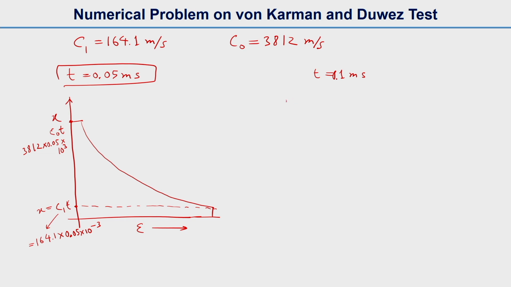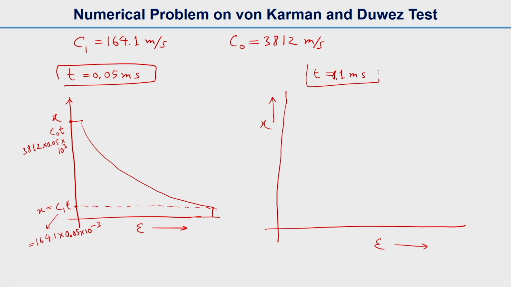Similarly for the other time, what will be different is the distance x, how much it will cover. Since it is at a higher time, the C naught t will be higher.